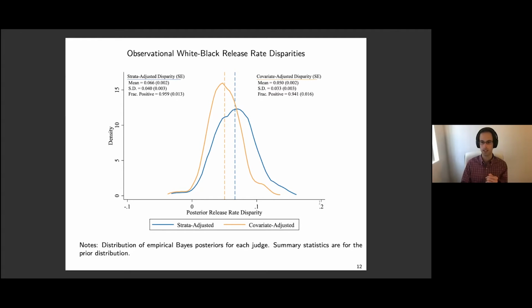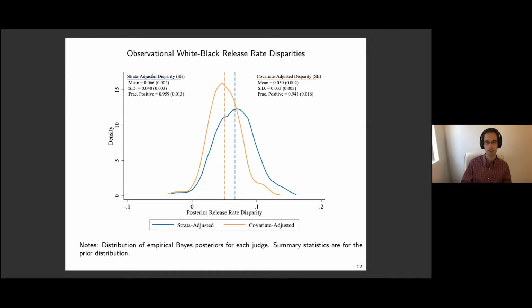A positive value indicates that the judge is more likely to release a white defendant than a black defendant. The blue, shifted to the right, is what we're calling strata adjusted. That means we're just adjusting for the level of random assignment, so those are court by time fixed effects. Within court by time fixed effects, the judge you get is effectively random.